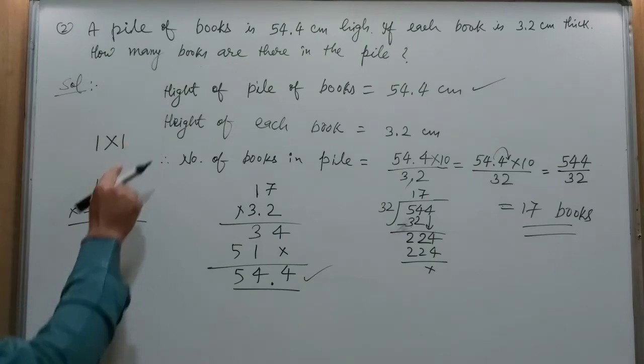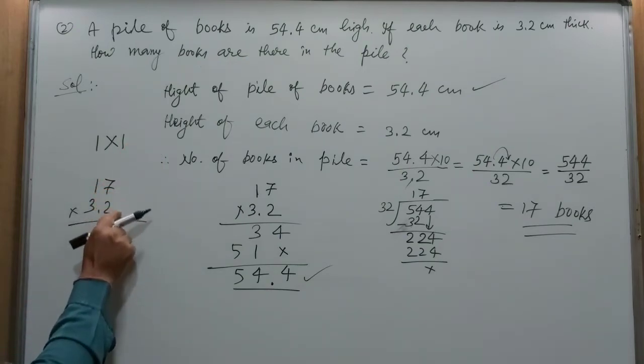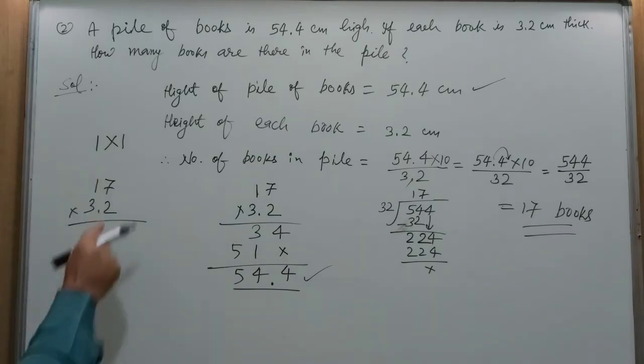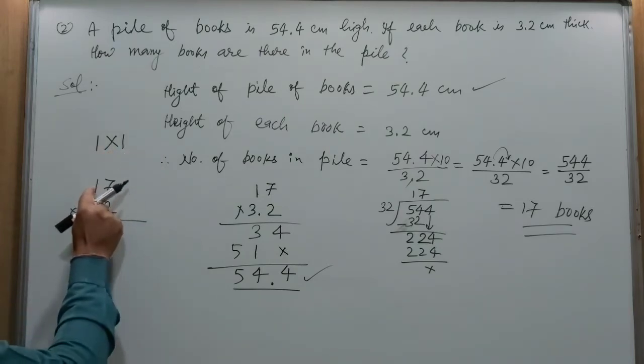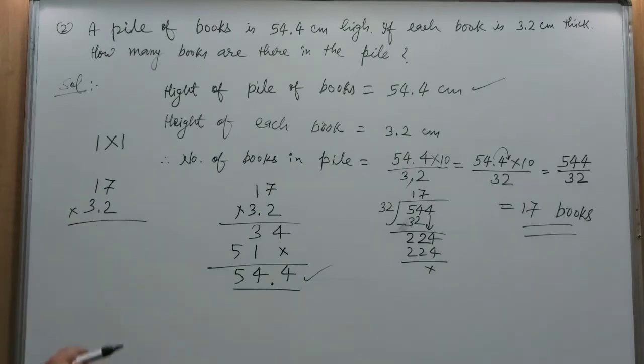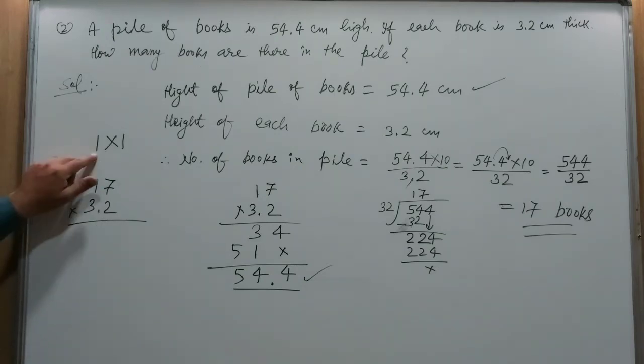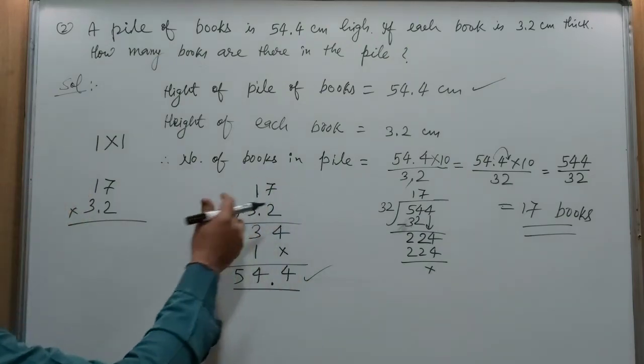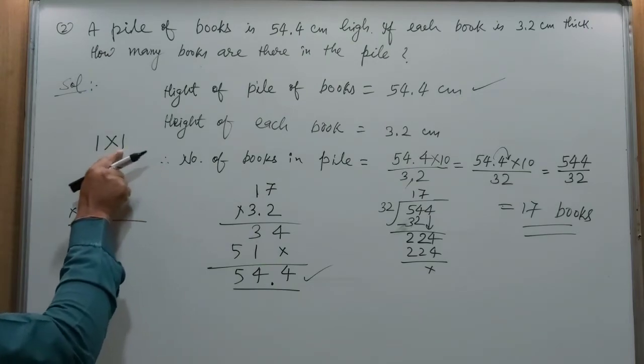This one stands for multiplying this digit by this digit in a row. This cross means we multiply digits crosswise and add them. And this one indicates that we will multiply this first digit. We always start from the right side for multiplying.